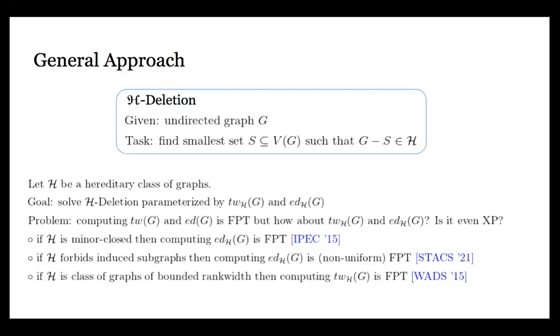And the second issue is that these running times are really huge. And in the second item, it is not known if this dependency on the parameter is a computable function, so the algorithm is non-uniform. So this seems a pretty tough problem, to compute these measures in general.